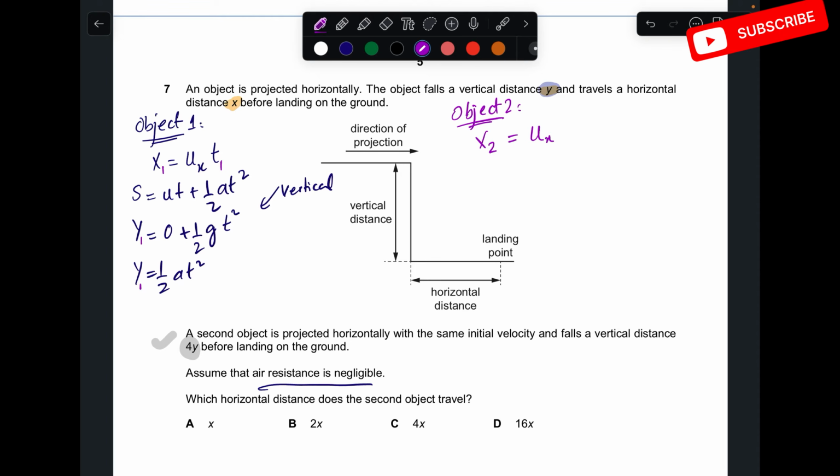Okay, so this is for the horizontal component. When I talk about the vertical component, I can apply the same equation. So y2 will be equal to ut, where u is 0 as it is the vertical component of velocity, so it will be half g t2 square.